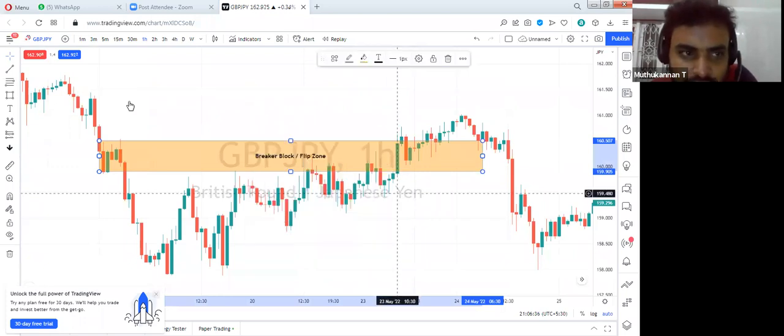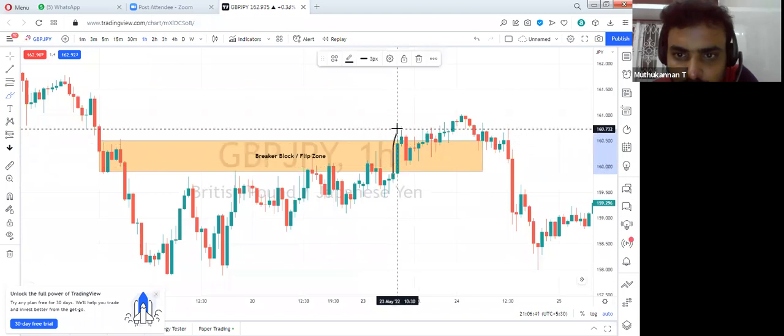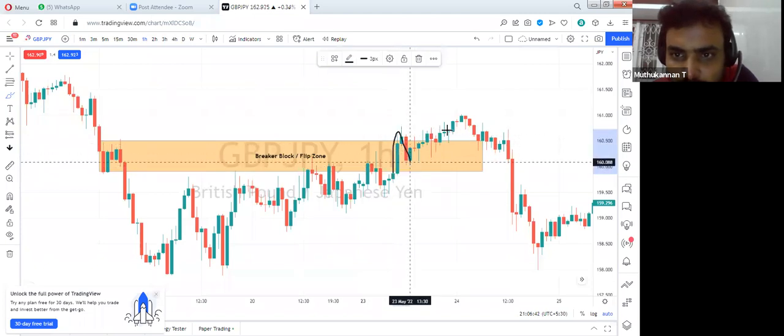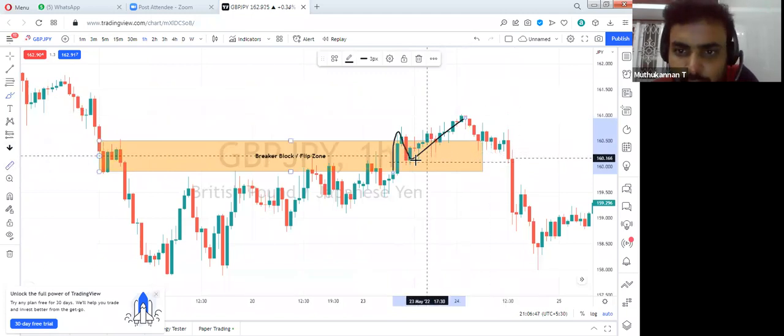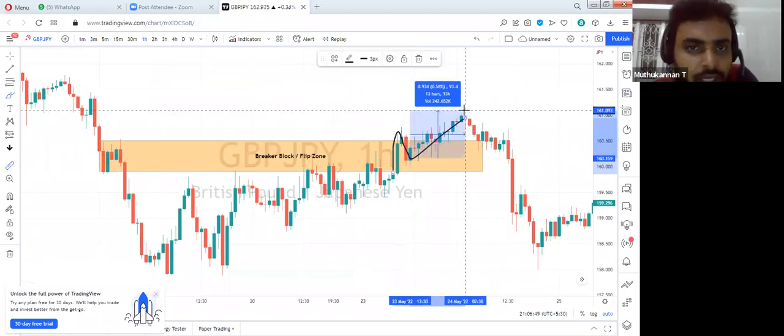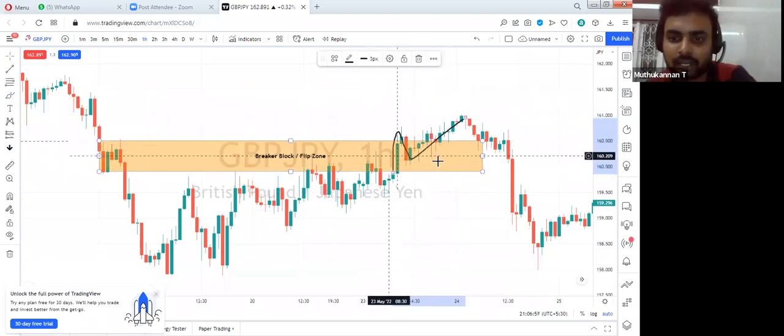Just see here the price action. Price went up, came down, went up. It gave you some decent points, 900 points again, right? It's a 1 hour chart. So now you can say this is a breaker block.